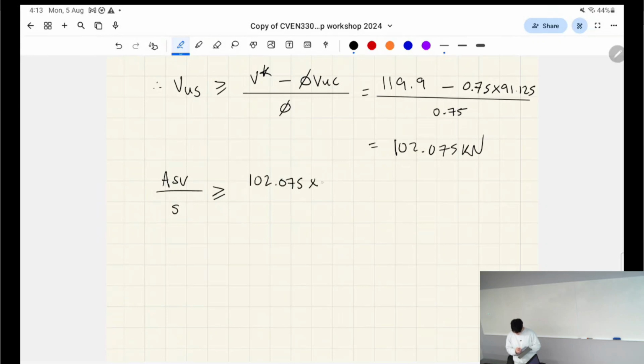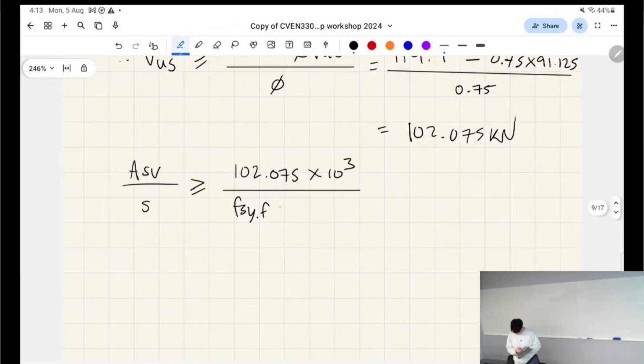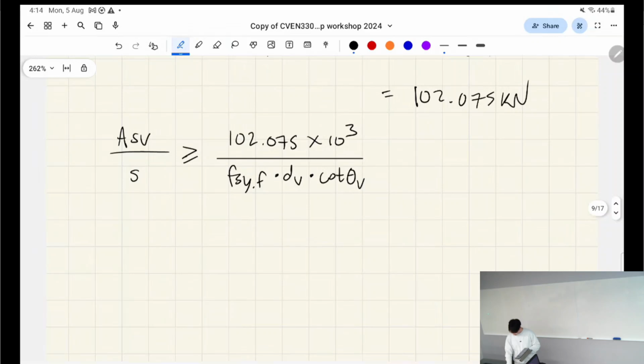We have to translate that back to newtons, over fsy.f, which is the strength of the stirrups in shear, dv, which is the internal lever arm, and cot theta. This is a simplified method, which is 36 degrees. This we've already calculated. That was the max of those two numbers. This one was given, 250.